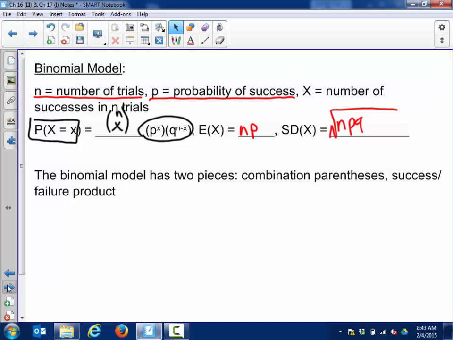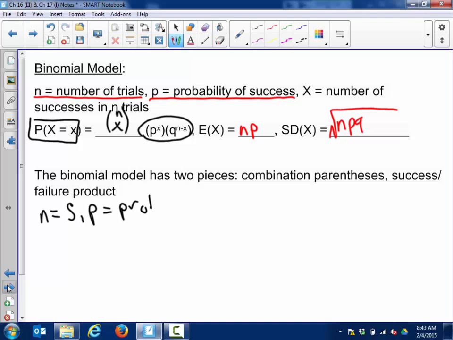So I said that we would explain a little bit of that circled chunk now, and we do that in this slide. Well, let's set up a scenario here. Let's say we've got 5 trials.